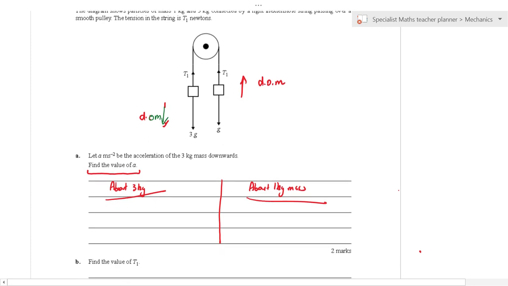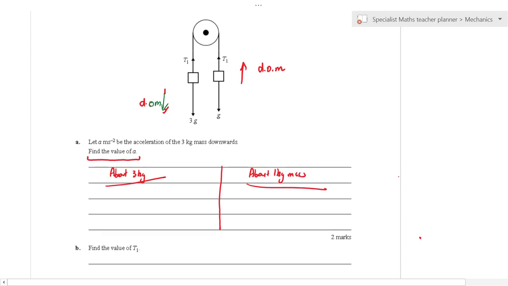So we want to actually find the acceleration, which is, of course, these are connected particles, so they're going to have the same acceleration. So what we're going to do is about a 3 kilogram, given the fact that the direction of motion for the 3 kilogram is going downwards, we can say that 3a is equal to 3g minus T1. We're going to call that equation 1.